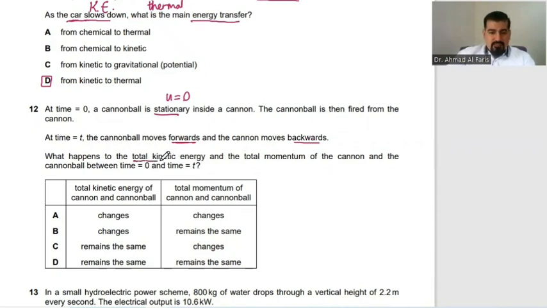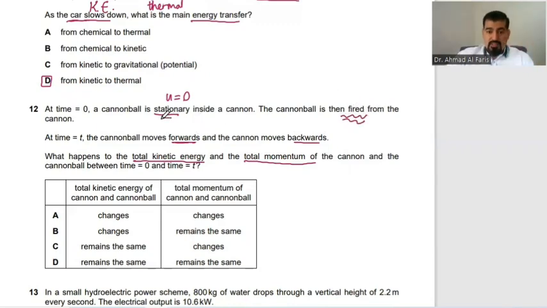What happens to the total kinetic energy and the total momentum of the cannonball between time equals 0 to t? Now, since they said that it is fired, that means there was chemical energy that we use to increase their speeds.